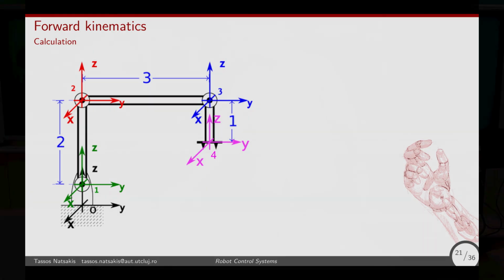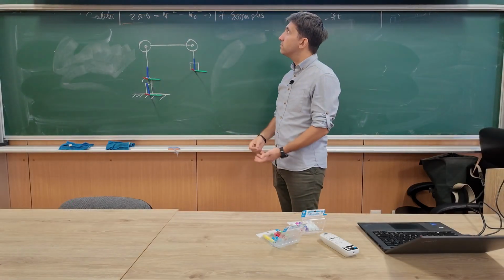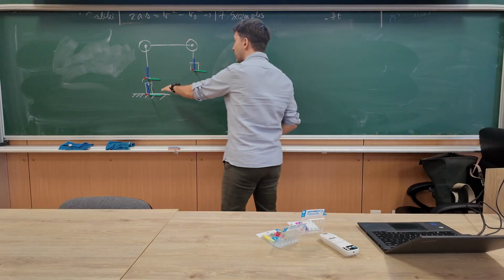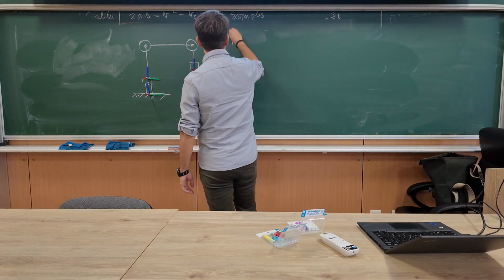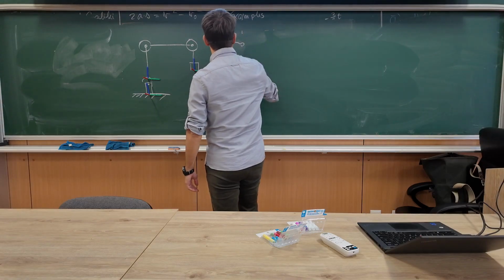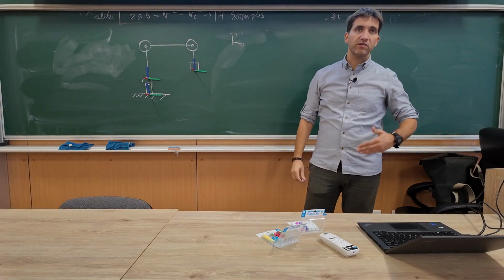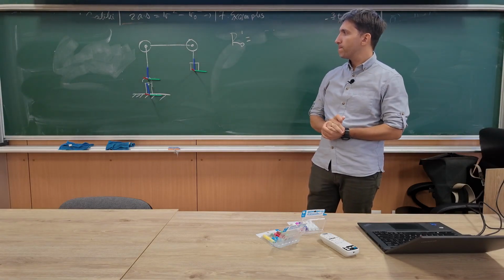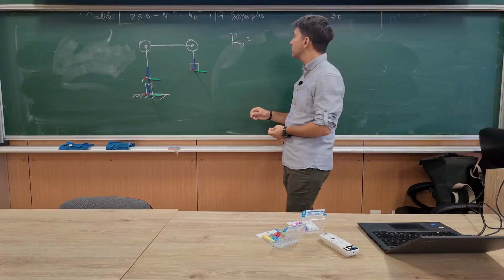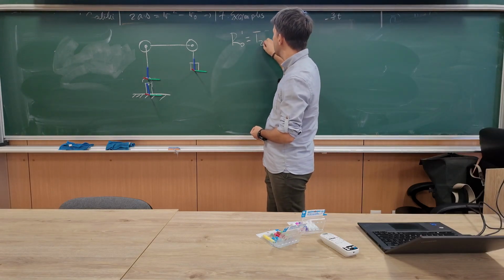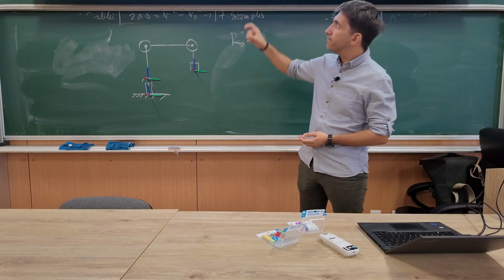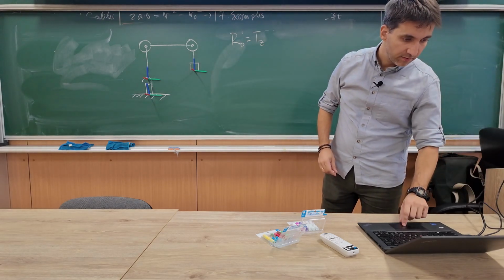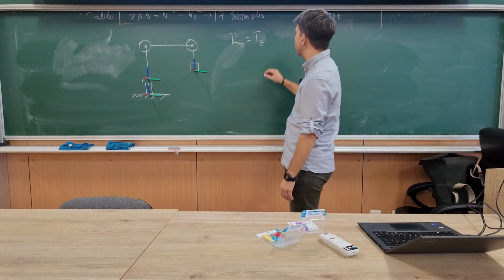After I put my frames, the next step is to calculate the transformation between subsequent frames. So I start with the base and I go to the first frame. I want to calculate the transformation that takes me from 0 to 1. What would that be? A translation on Z by, it's not mentioned there, but let's say a unit. Let's say it's 1.